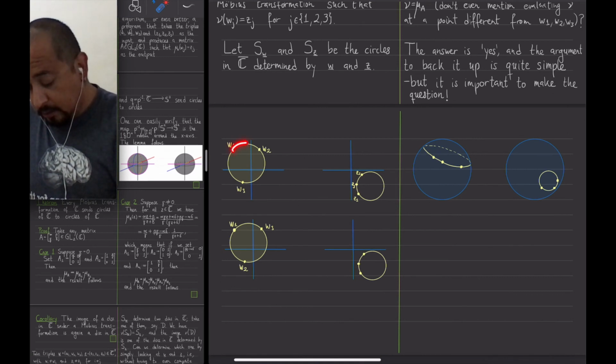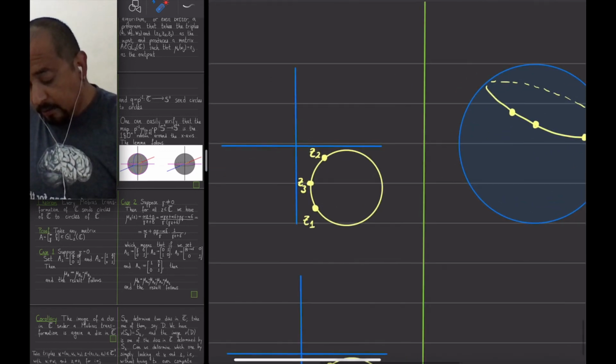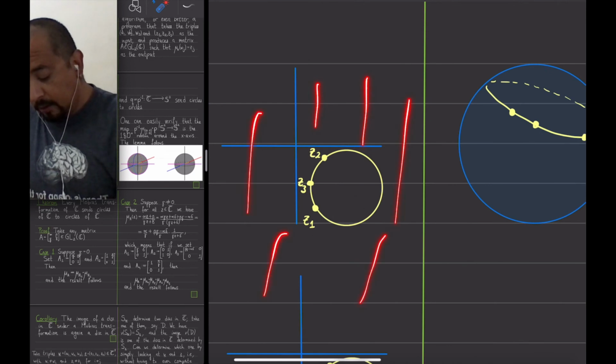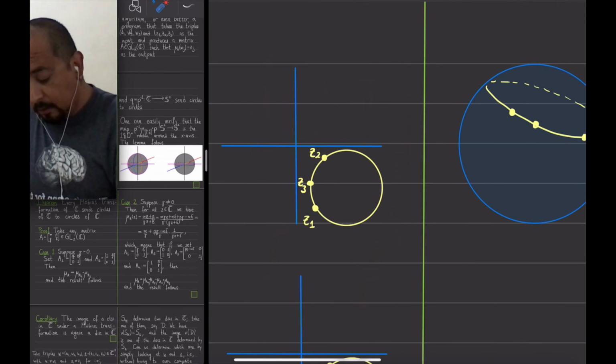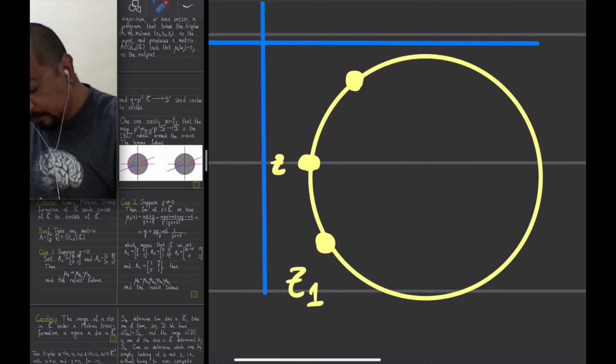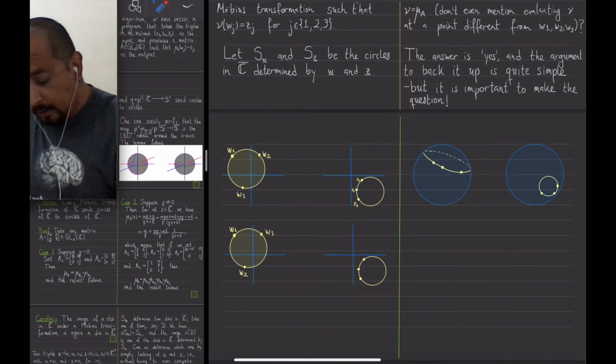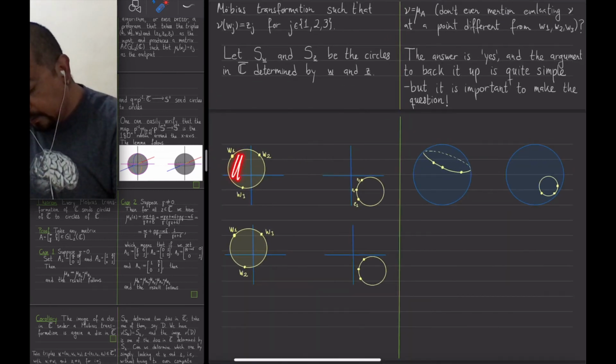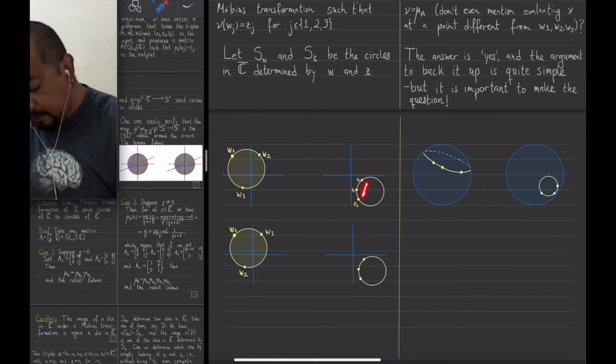So this is why in this second case the image of this one has to be this outer one, while in this other case the image of this disk has to be this one.